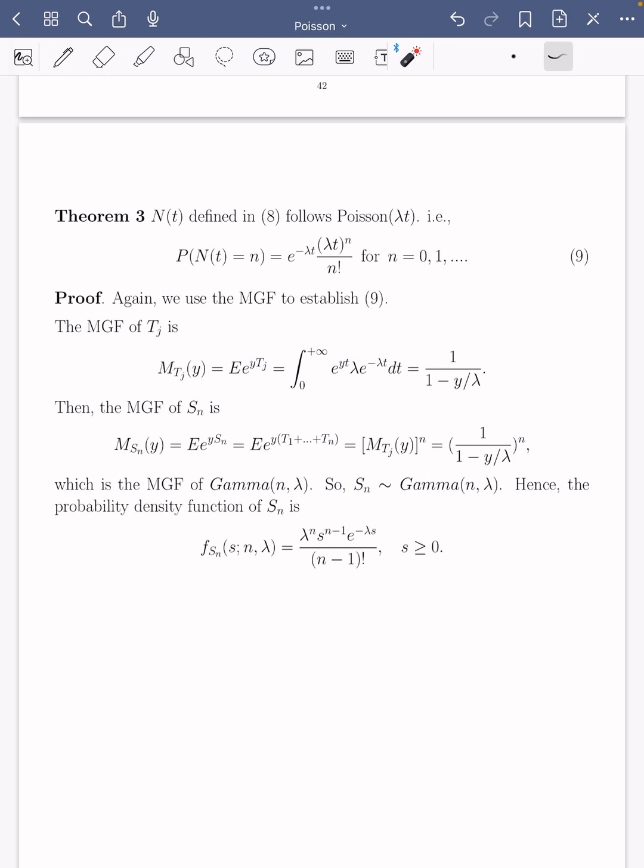And because S_n is equal to the sum of T1, T2, T3 up to T_n, which are IID, we know that the moment generating function for S_n is equal to the moment generating function for each T_j to the power of n, which is equal to this function.